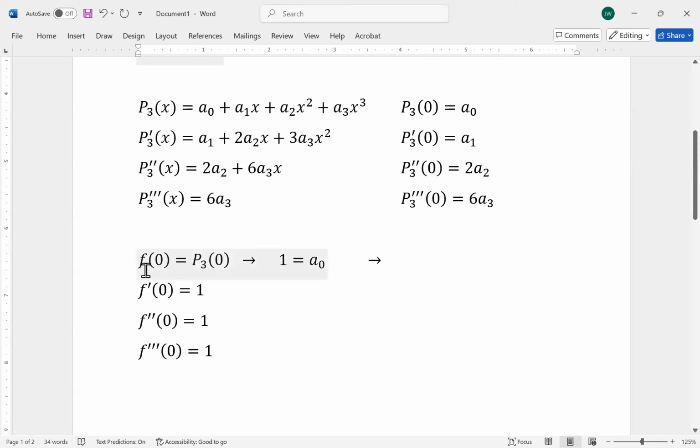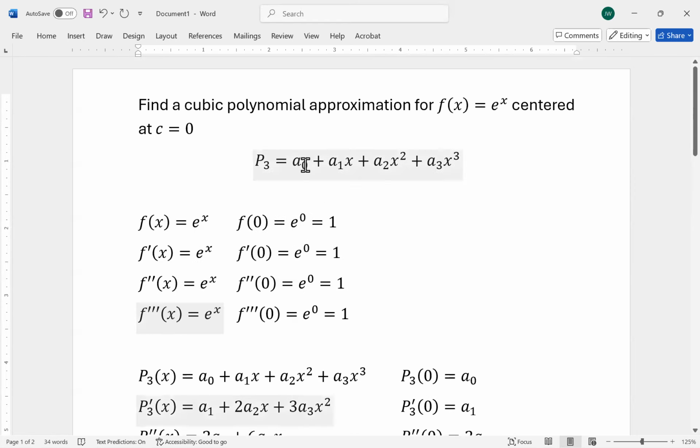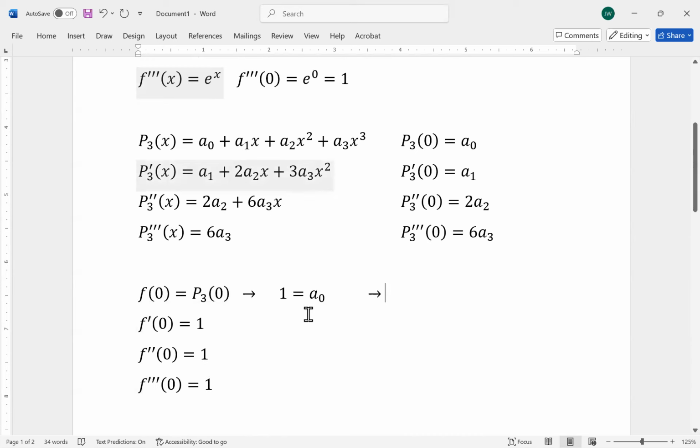I know f of 0 is 1, and p3 of 0 is a sub 0 in my general expression. So that means that the constant term in p3 has to be 1. 1 equals a sub 0.